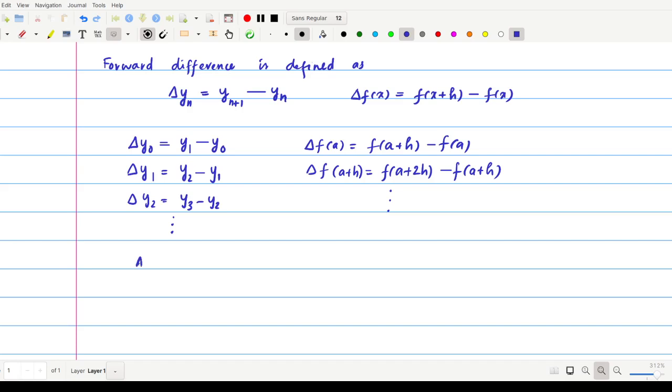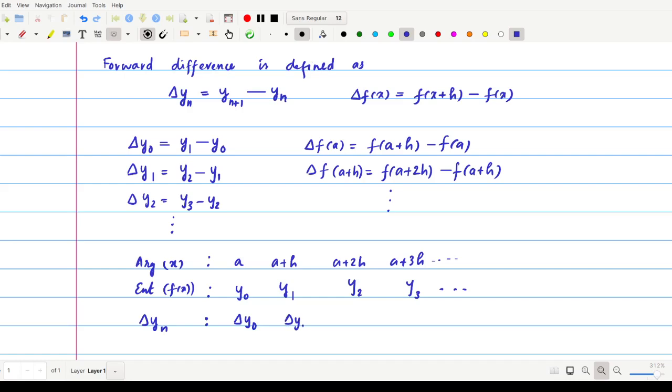If you have arguments x and entries f of x, we have a, a plus h, a plus 2h, a plus 3h, etc., and the corresponding entries are denoted by y0, y1, y2, y3, etc. Delta y0 is going to be y1 minus y0.